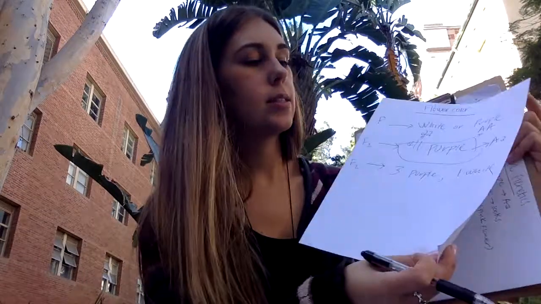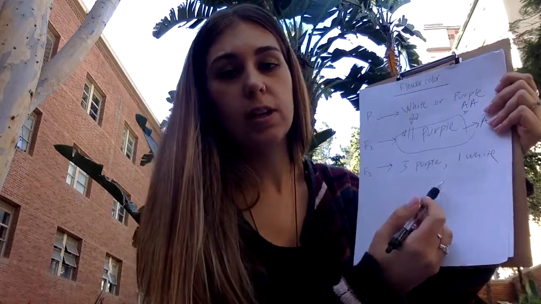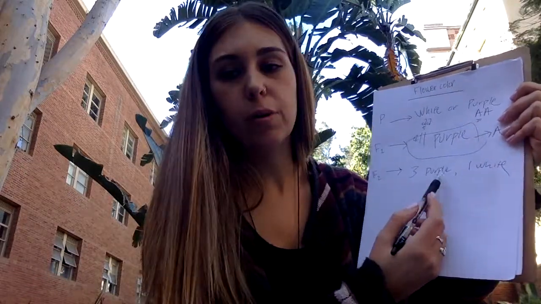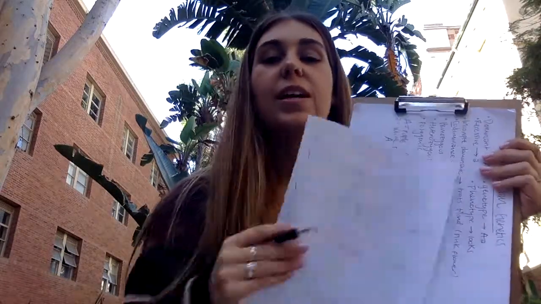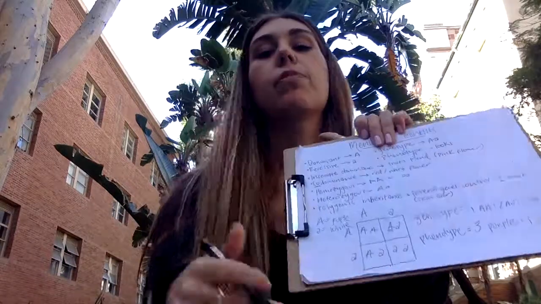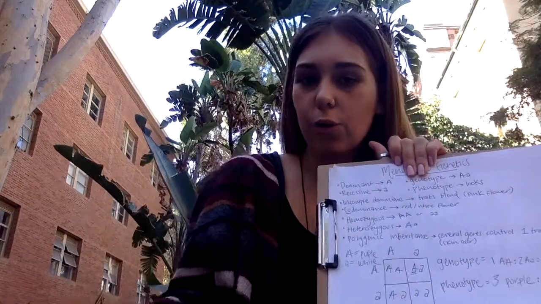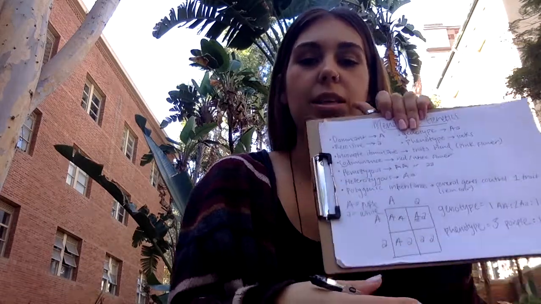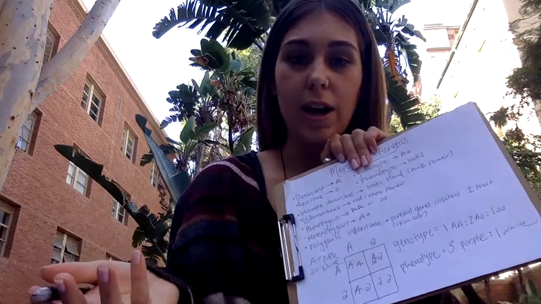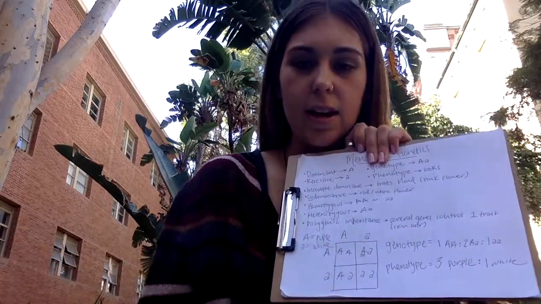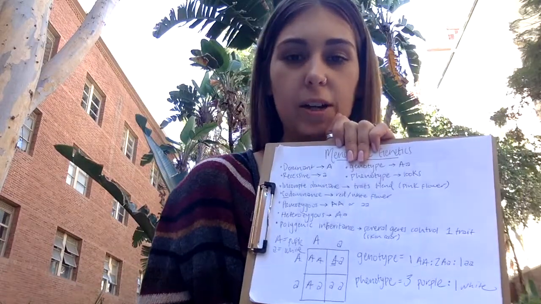So what that means is that big A, little a was self-pollinated and crossed to give us our 3 purple and 1 white, and that is why that white flower kept popping back up in the F2 generation, or why the short pea plant kept popping up in the F2 generation, is because those alleles that code for it were not lost, they just were not being actually displayed. So you can see that all along they were actually there, just being hidden in a heterozygous pairing.